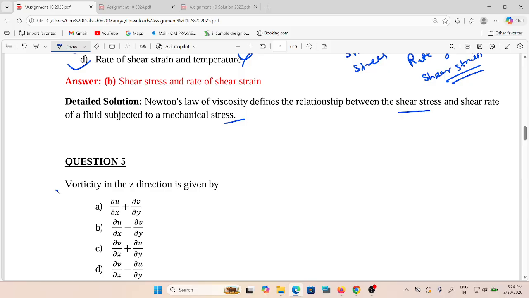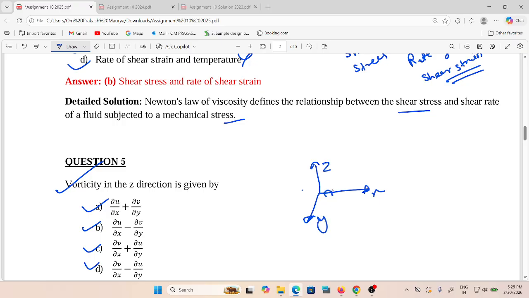Next question is: the vorticity in z direction is given by option A del u by del x plus del v by del y, option B del u by del x minus del v by del y, option C del u by del x plus del u by del y, option D del v by del x minus del u by del y. So you have four options. The question is asking about vorticity in the z direction. If this is three dimensions, this is your x direction, this is your lateral y direction, and this is your vertical z direction.